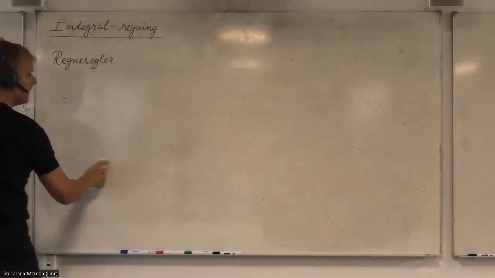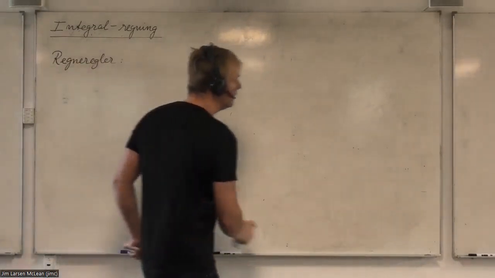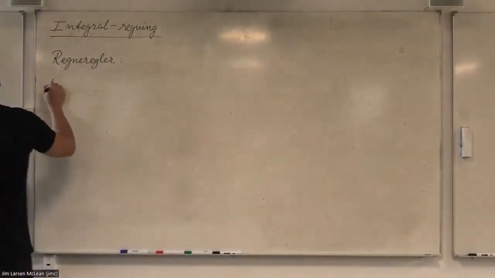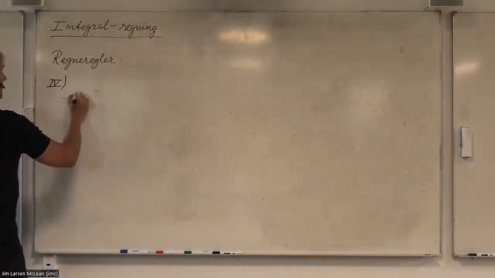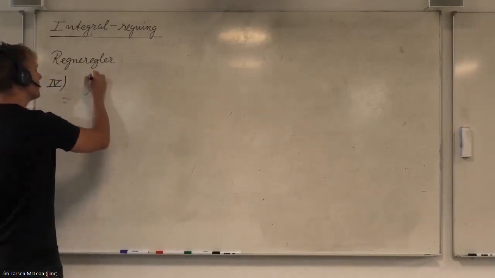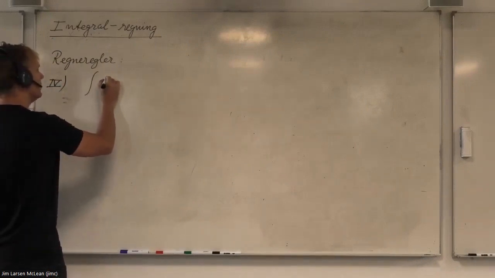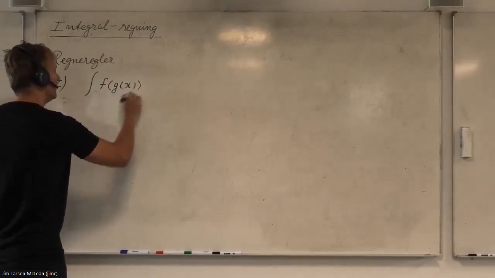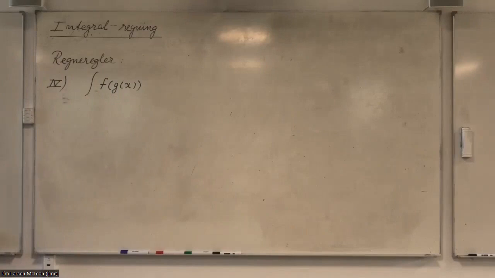So the last rule of calculus, we could call it rule number 4 for integration. It's called integration by substitution. If one day you encounter an integral with a function f of another function g under the integral sign, that's what we call a composite function.